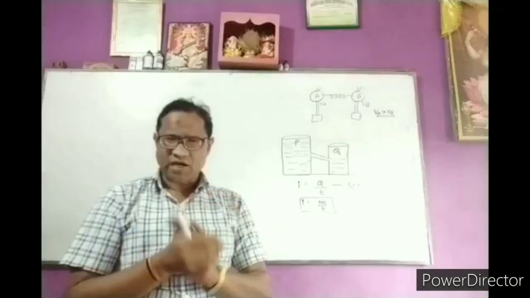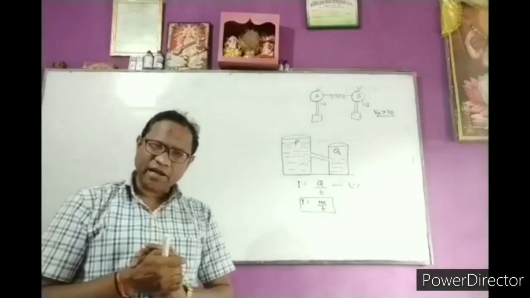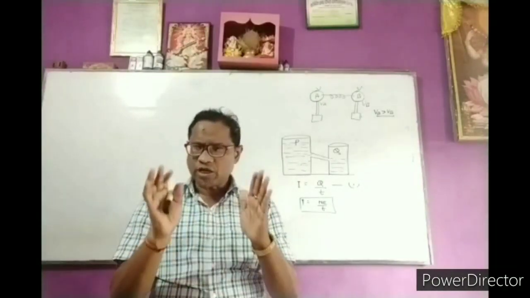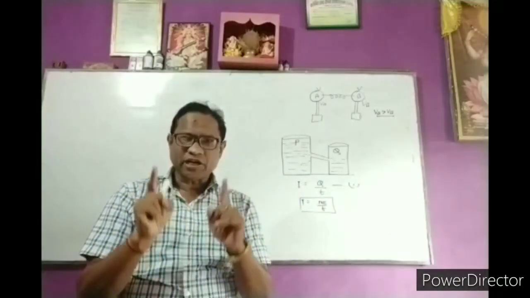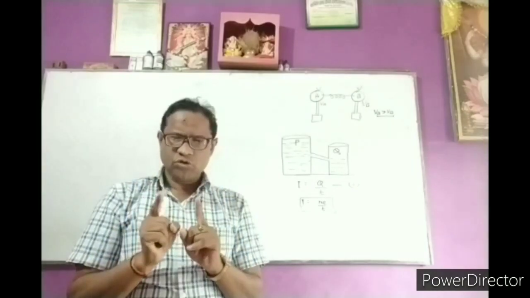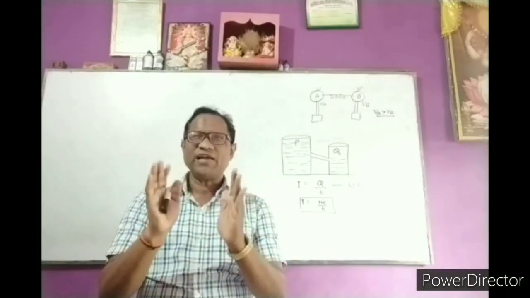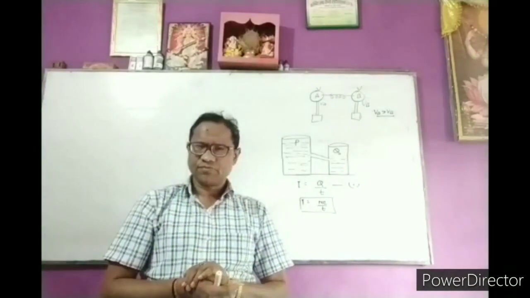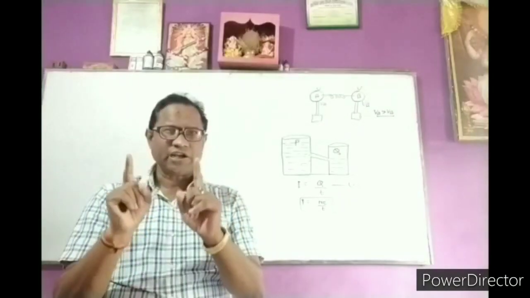The flow of charge constitutes electric current through the conductor. The current continues to flow so long as a potential difference exists between the ends of the conducting wire.